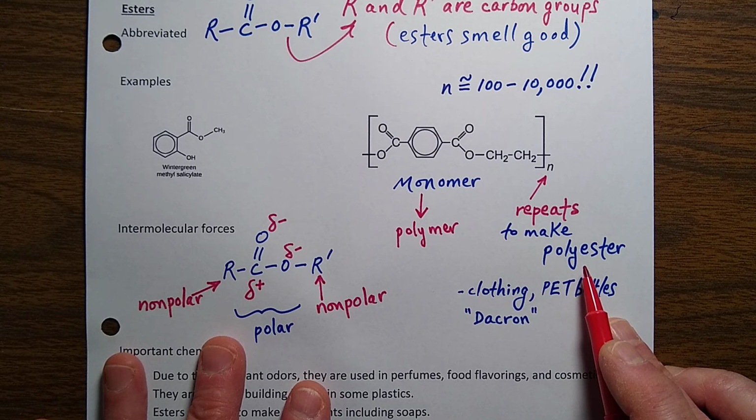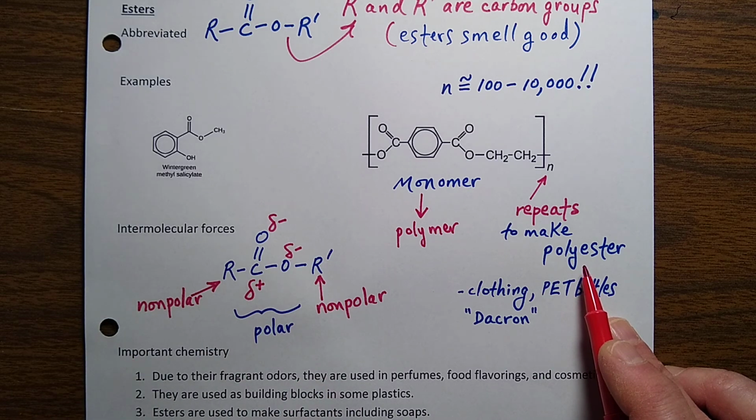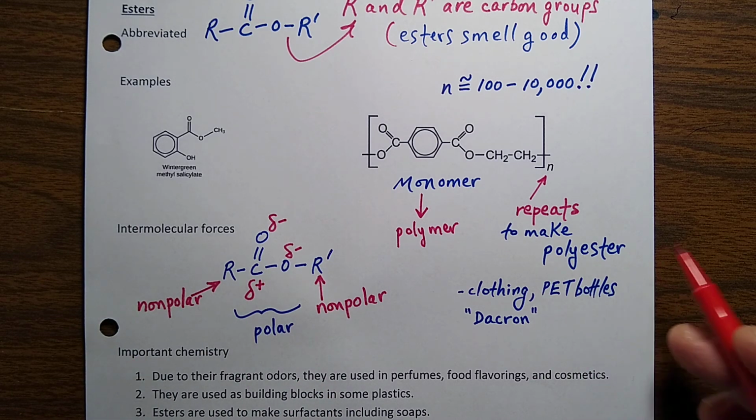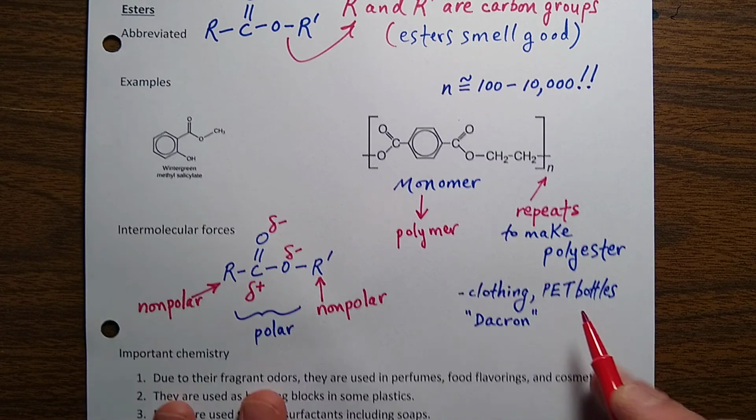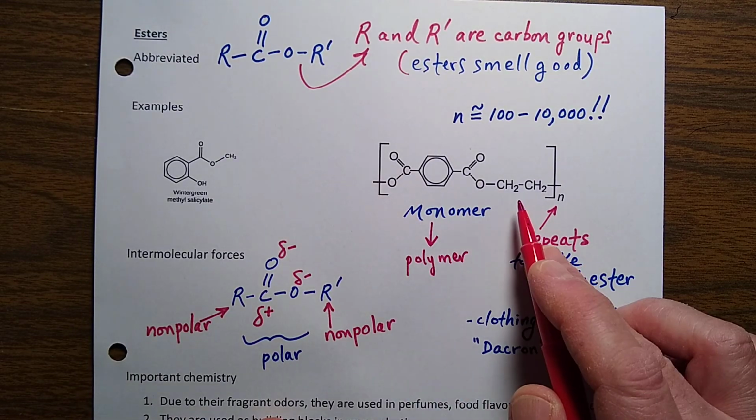They become materials that are very, very durable, very chemically stable. That's why we use them to make clothes. We use polyesters in PET bottles, those plastic bottles that we all drink from, disposable water, and the more permanent ones that you carry around for water bottles. Those are made out of chains of polyesters or ester linkages.